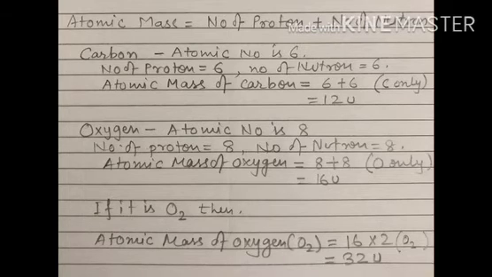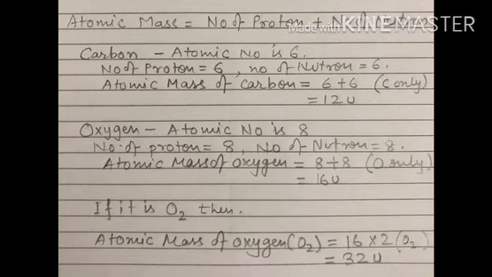Similarly, for oxygen, the atomic number is 8, the number of protons is 8 and the number of neutrons is 8. So the atomic mass of oxygen is 8 plus 8, which is 16. But the 16 U is present in only one atom of oxygen.